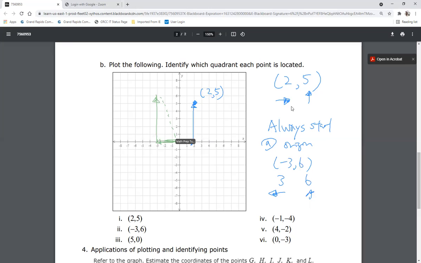Hopefully that gives you some idea of what's going on here. Now again, anything in the upper right corner is quadrant 1, this is quadrant 2, quadrant 3, and quadrant 4.